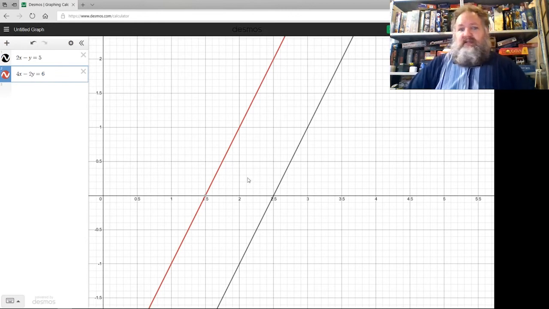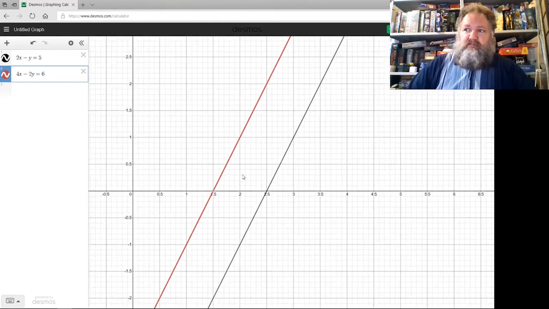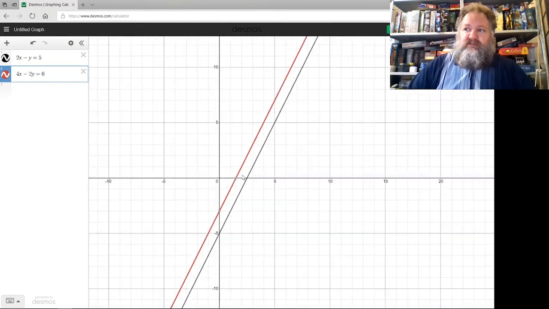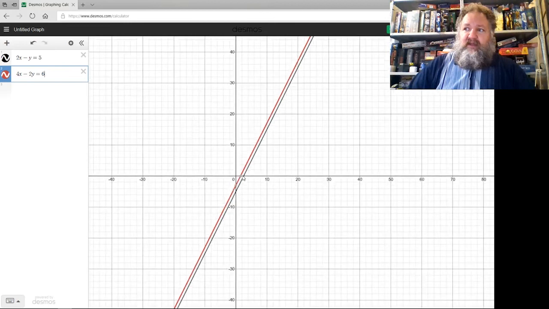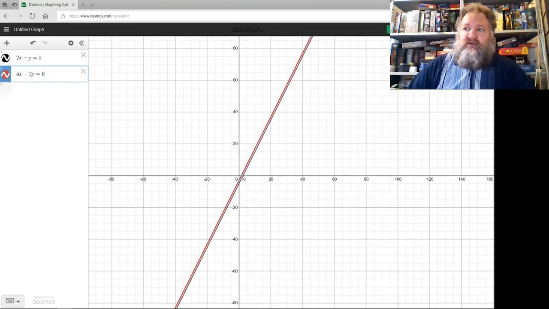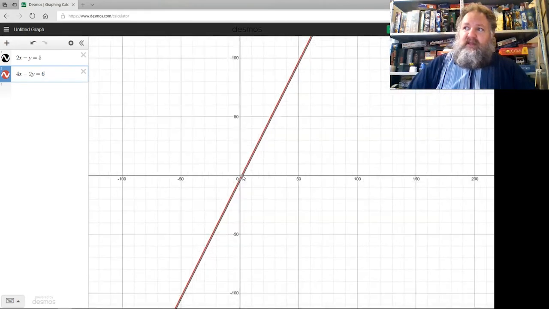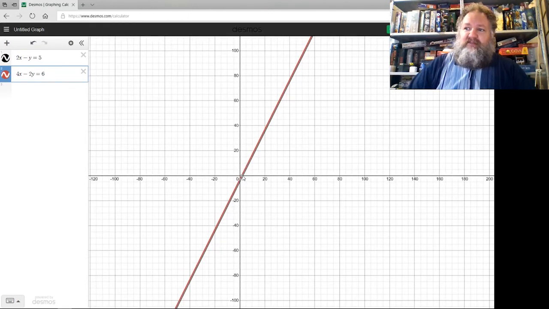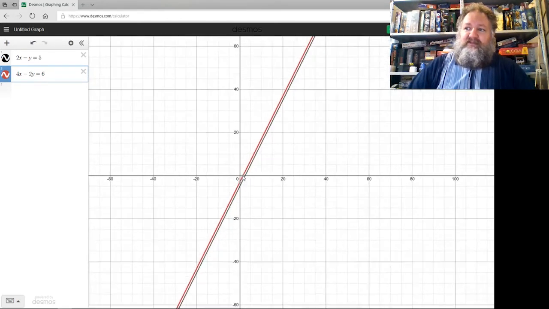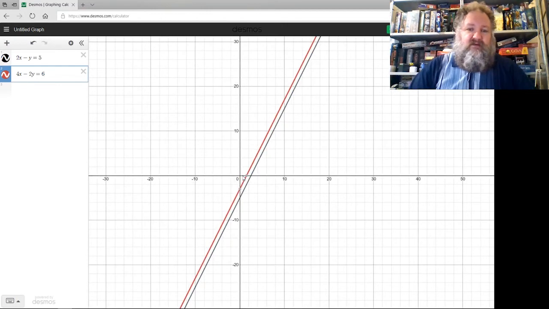And you'll see that even on this zoomed in version, these two lines are parallel. And I could zoom out and zoom out and zoom out and show more and more of these two lines. And even as they recede into the background, they are still separated and they will never cross. And if the two lines don't ever actually cross over, there's no solution for the two of those linear equations.